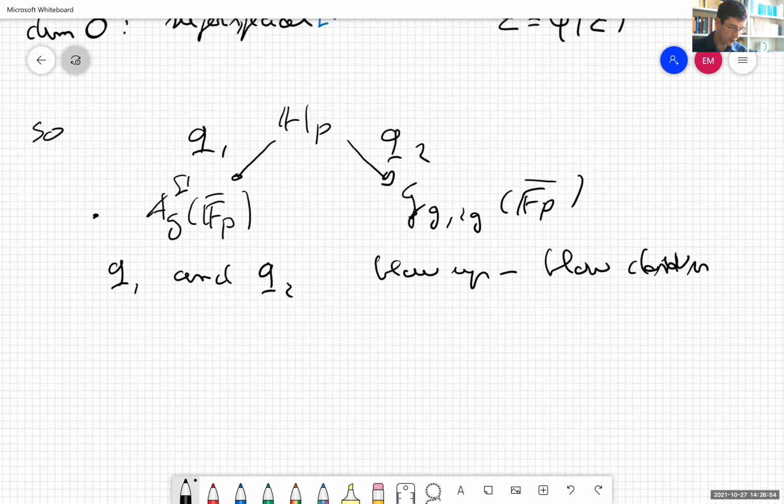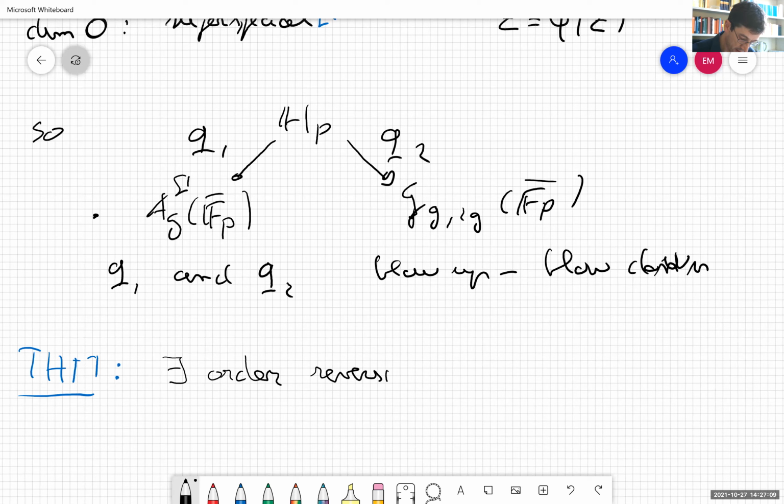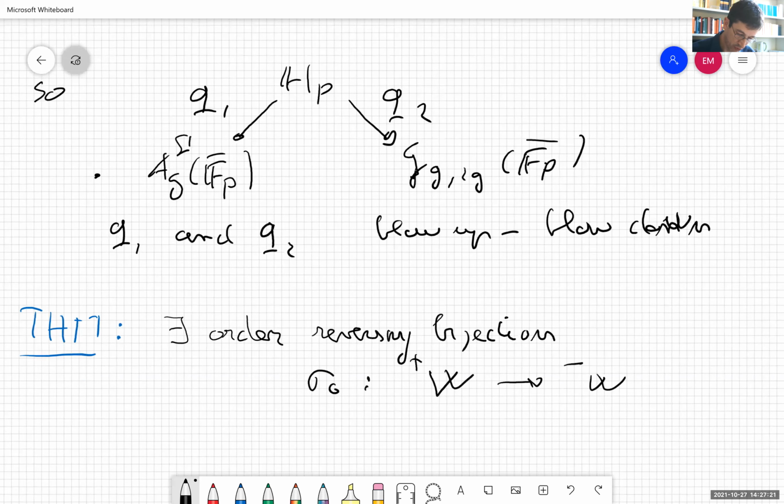Okay, so I can now tell you what I can prove. This is my theorem, and the theorem is that there exists an order reversing bijection sigma 0 that can be described very explicitly. It's the multiplication by an element in the Weil group.